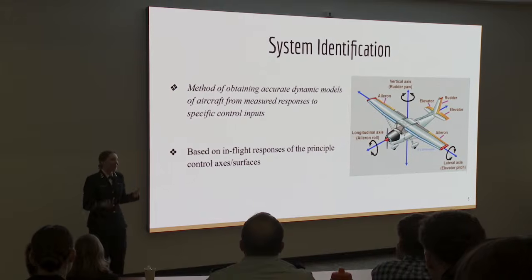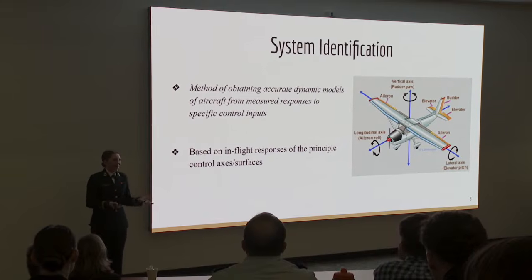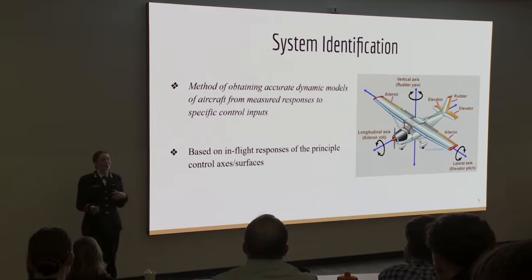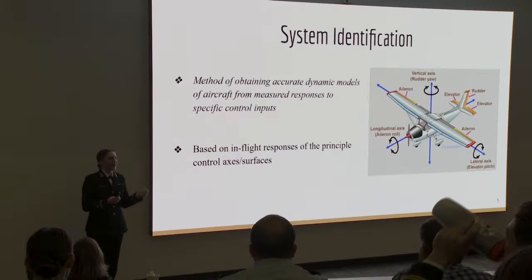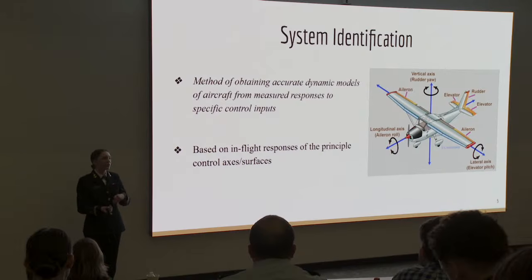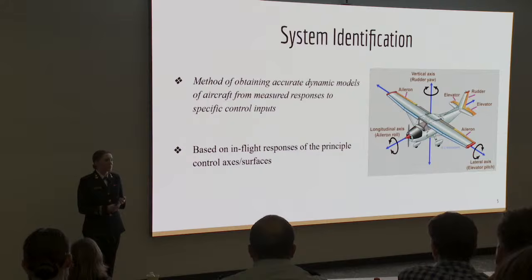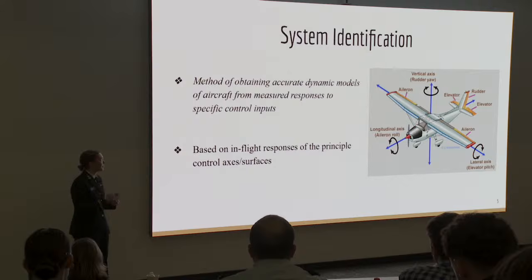Is it magic? Well, it's not magic, it's math. There are mathematical equations of motion that describe the aircraft behavior in flight, and we can obtain actual numerical values for those equations through flight test data via system identification. Once we have those equations, we can apply them to different mathematical modeling and simulation software to aid in the aircraft design process and make it more effective.